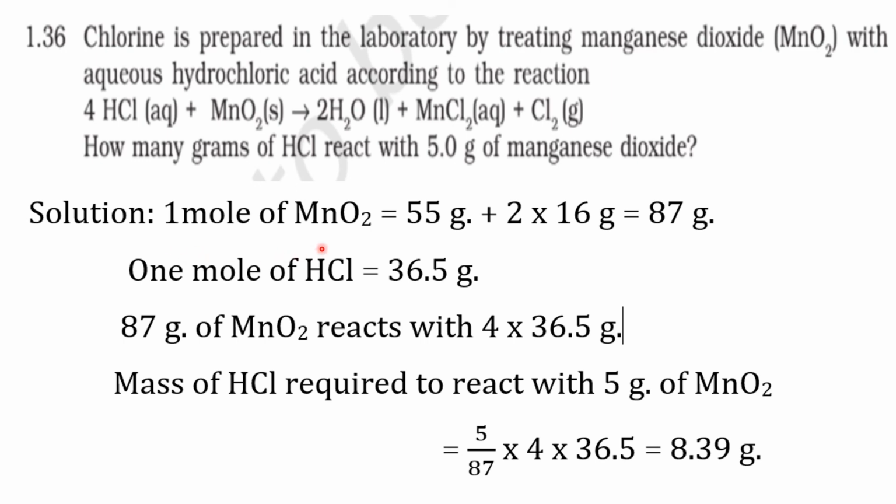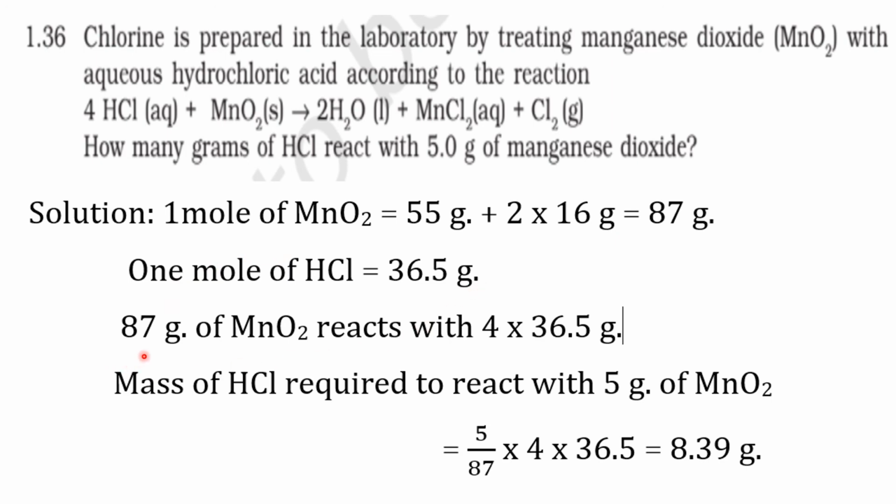Now 1 mole of manganese dioxide is equal to 1 atom of manganese into its atomic mass, that is 1 into 55, and 2 atoms of oxygen into its atomic mass, that is 2 into 16, equal to 87 grams. Therefore 1 mole of manganese dioxide is 87 grams. 1 mole of HCl is 36.5 grams.